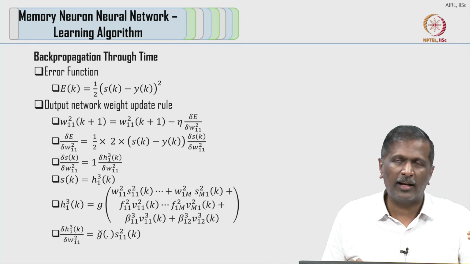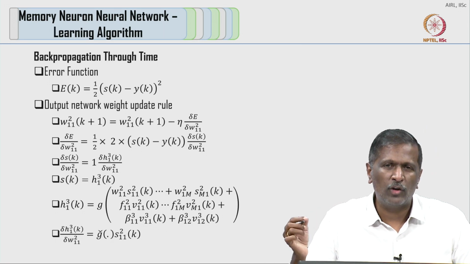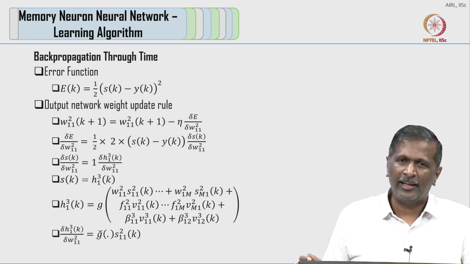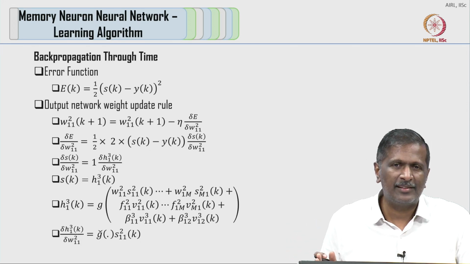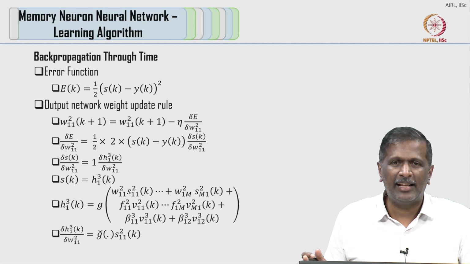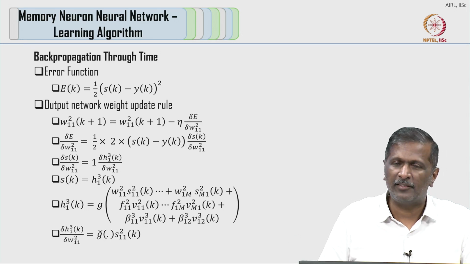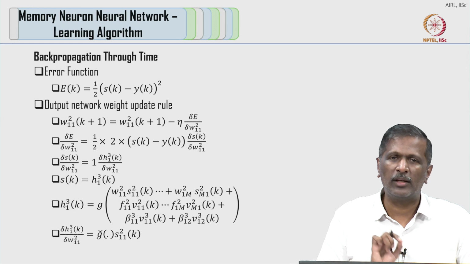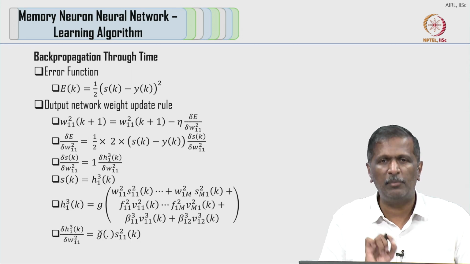Different here, unlike a normal recurrent neural network where the output from the next layer is fed back to the previous layer with a delay, here the recurrences are local in nature, feeding back to the same neuron.